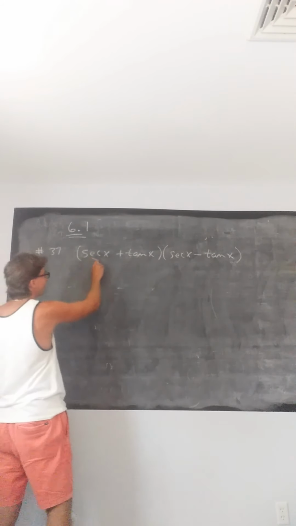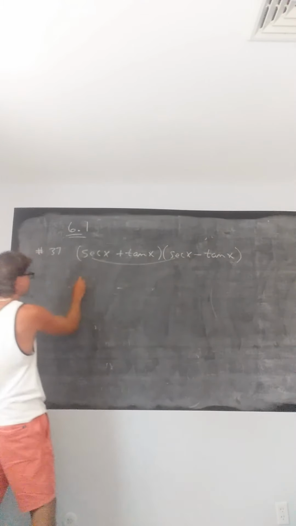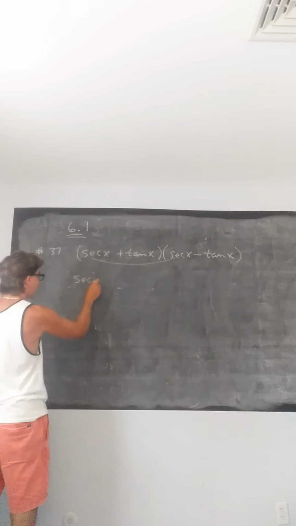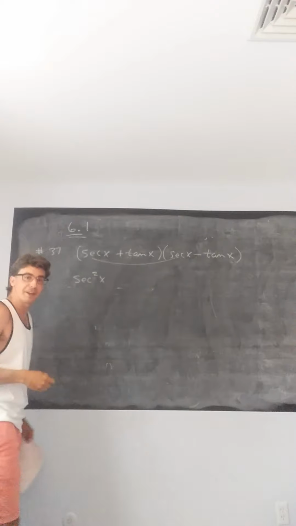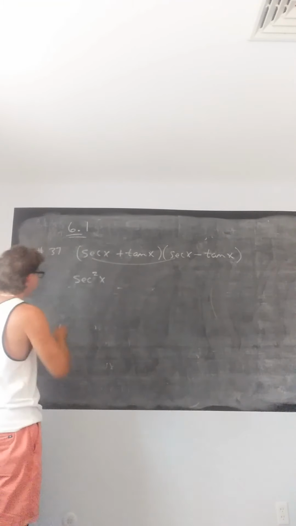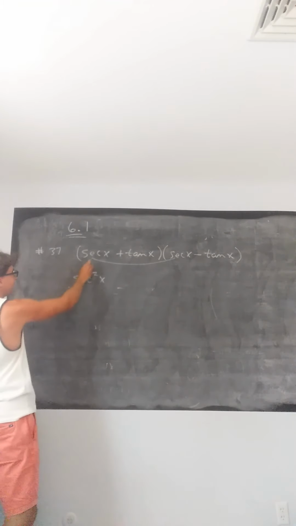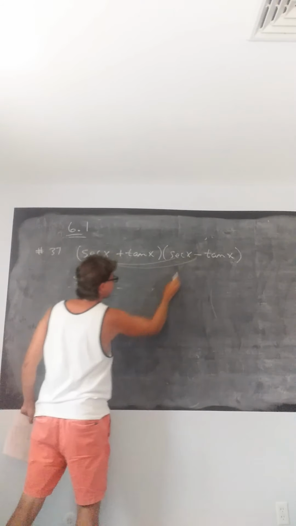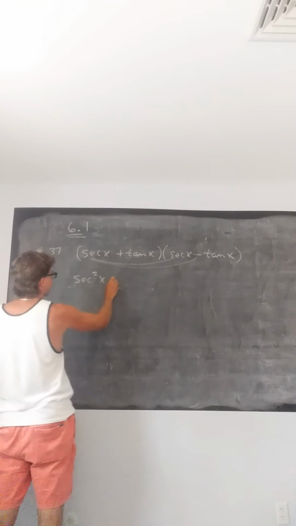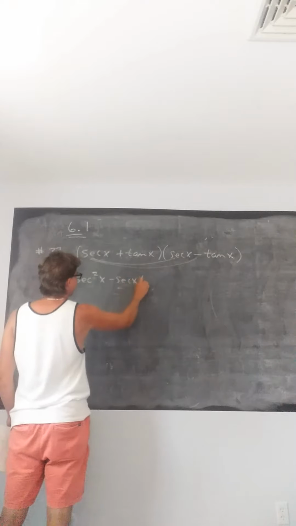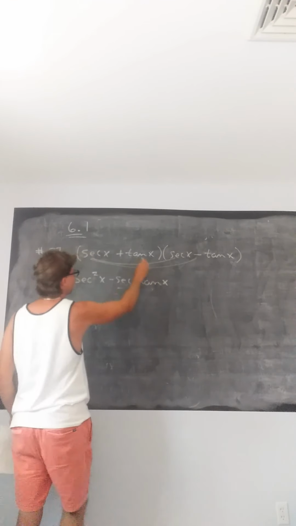So you're going to do secant x times secant x, which means you have secant squared x. Then you have secant of x times negative tangent x, that's negative secant x tan x.